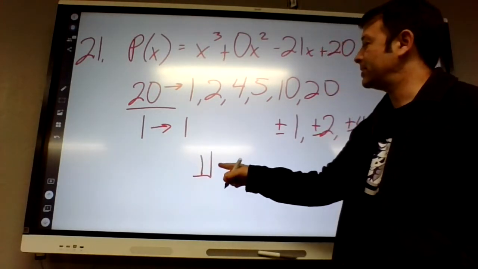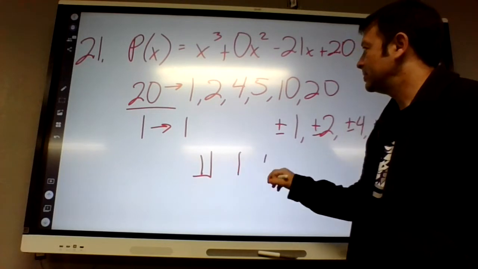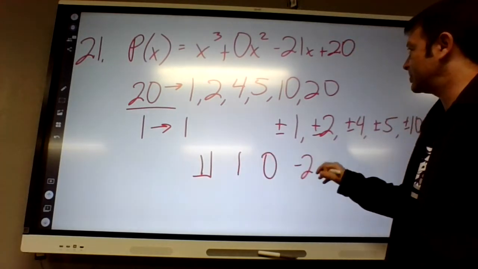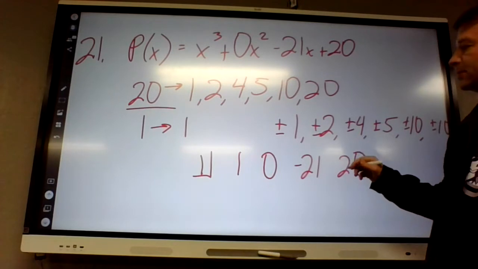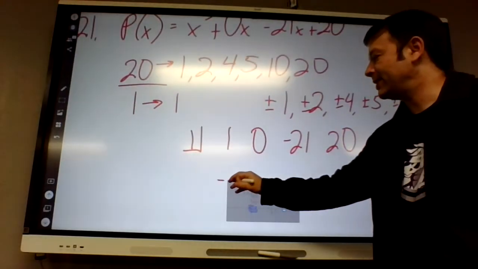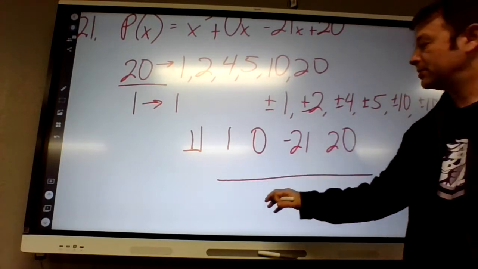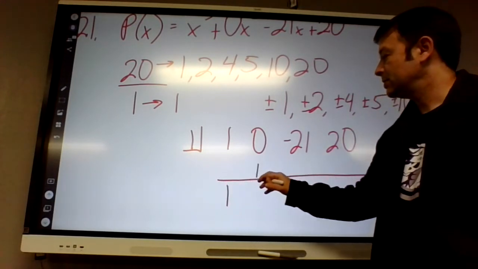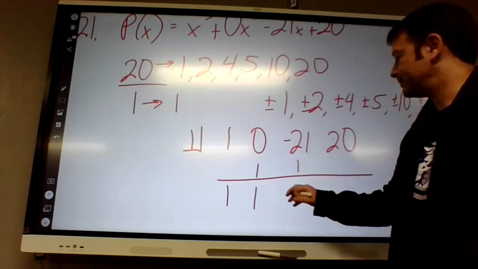So I'm going to do synthetic division here because not only do we need to see if it works, we kind of need to divide. If 1 is an answer, x minus 1 is a factor, and we kind of need to divide by x minus 1. So we're seeing if it's an answer and dividing at the same time with synthetic division. Add down, multiply up.